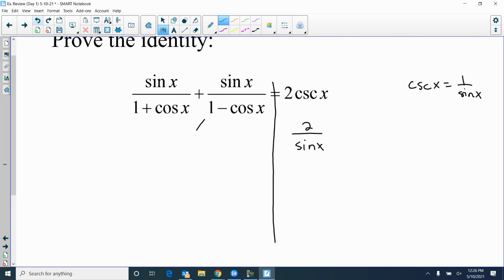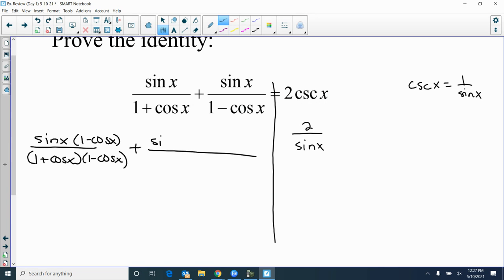Common denominator? Common denominator is one thing we can do. So we're going to add those together, because that's going to help us. In order to add them together, we've got to get a common denominator. So I'm going to take your first term, which is sine of x over 1 plus cosine of x, and multiply both of those by 1 minus cosine of x. Plus sine of x over 1 minus cosine of x, your original.